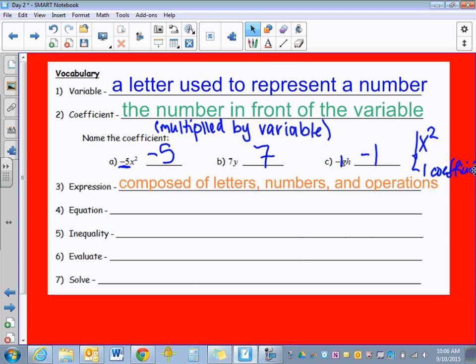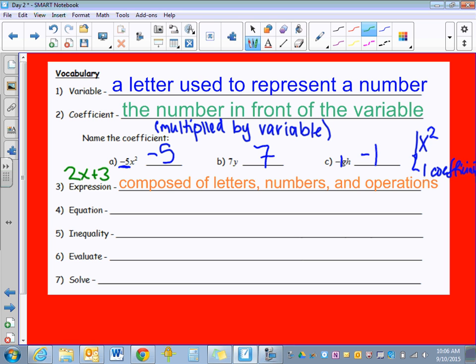So an expression is composed of letters, numbers, and operations. And let's go ahead and write an example with that. So an example of an expression would be 2x plus 3. Notice there's no equal sign. There's no inequality.